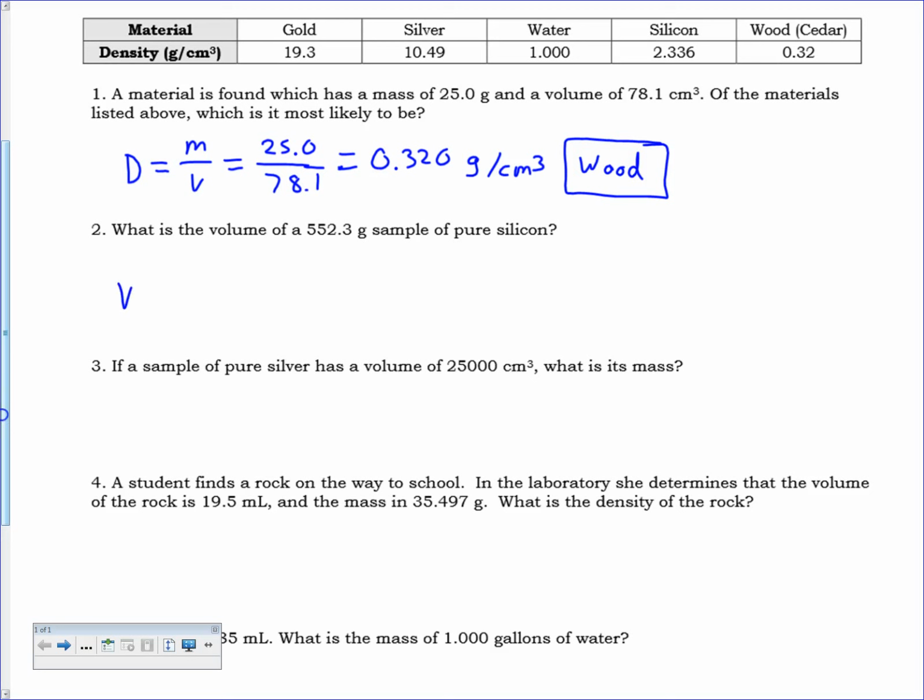We see volume equals mass over density, which equals 552.3 grams divided by 2.336 for silicon. 4 sig figs divided by 4 sig figs, we get 4 in the end. So it's 236.4 centimeters cubed for the volume.